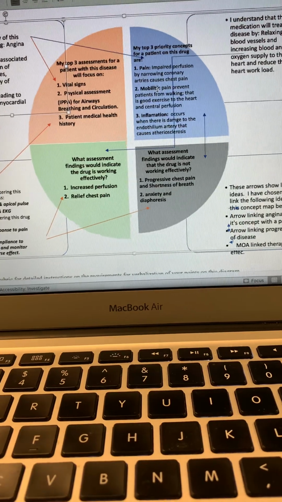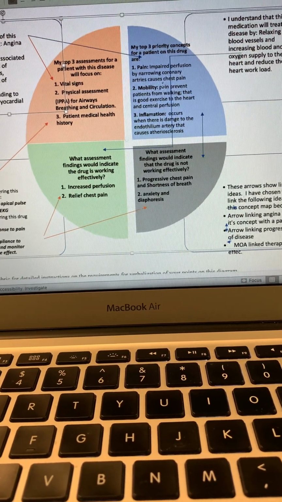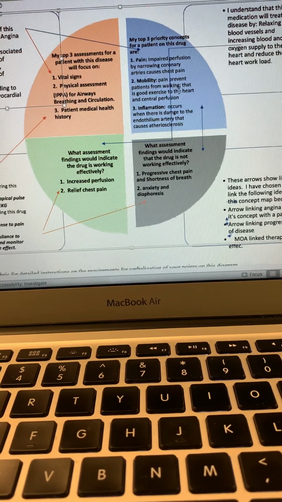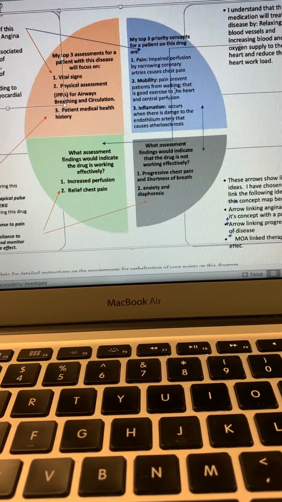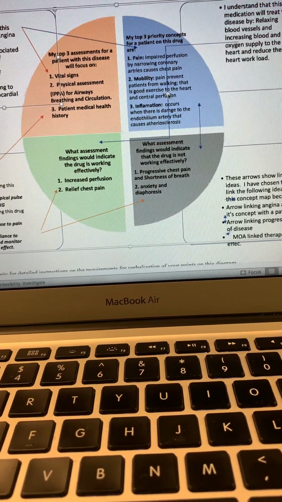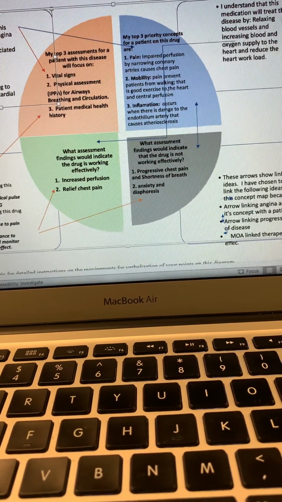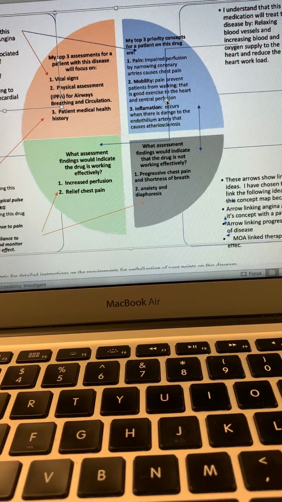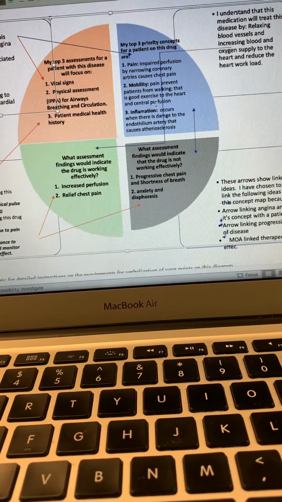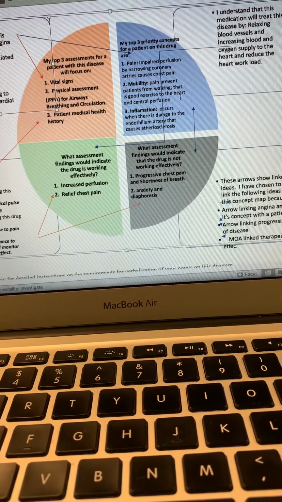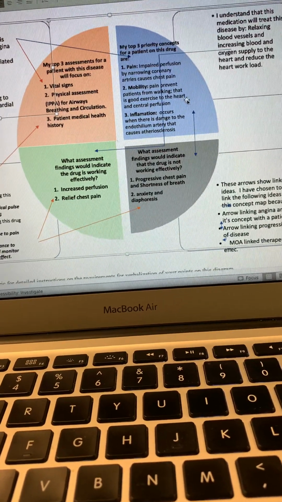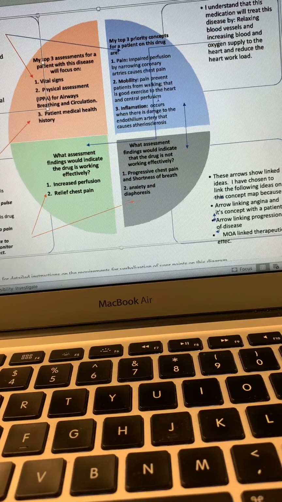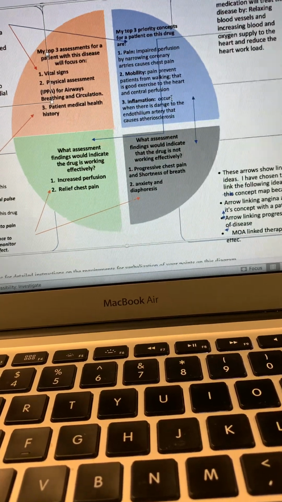How does it happen? The pain prevents people from walking and doing exercises, and we know exercise helps in central perfusion and also keeps the heart healthy. So when people are deprived of those opportunities, it doesn't go well.